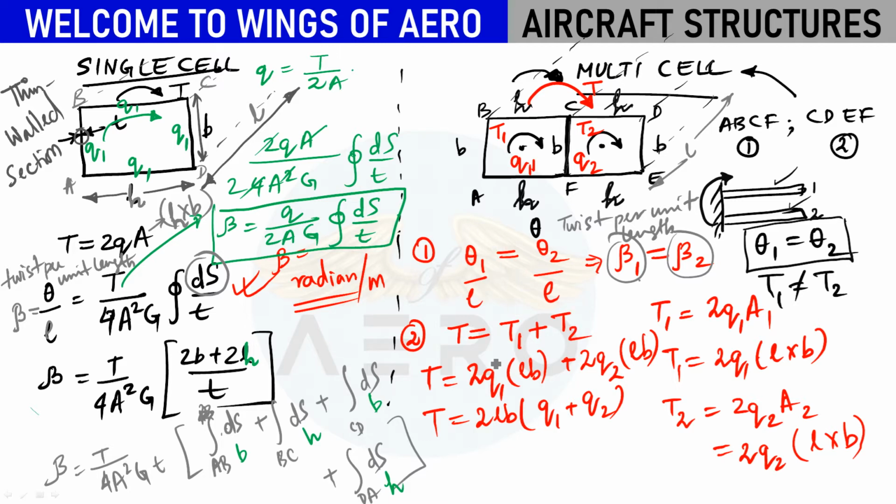The next condition is what happens with the torque. When there is a torque and there are cells, the torque will be distributed. For cell 1, let's consider it to be T1, and for cell 2 it will be T2. Since the torque is different on both cells in the multi-cell condition, the shear flow for both cells is going to be different.